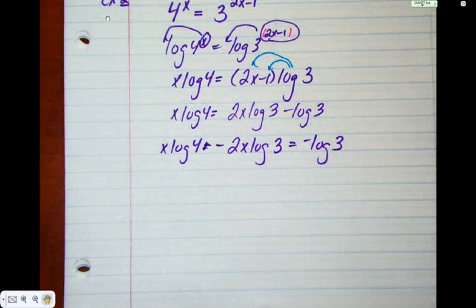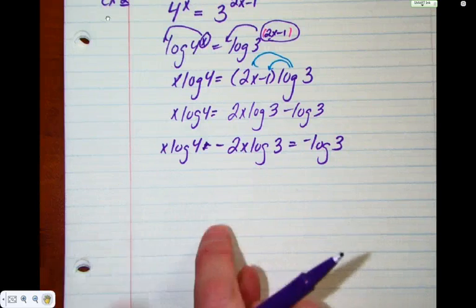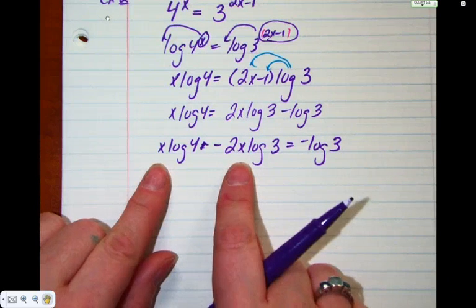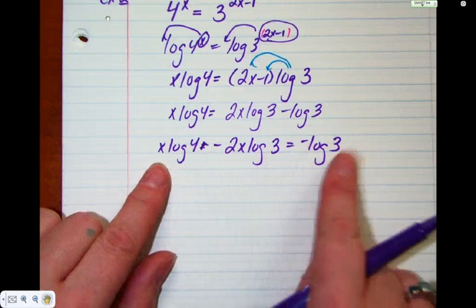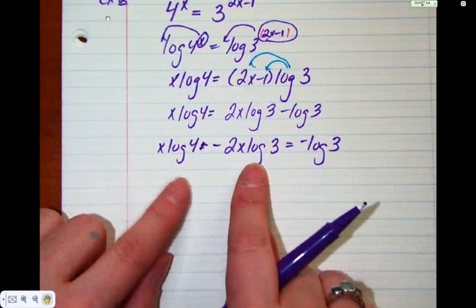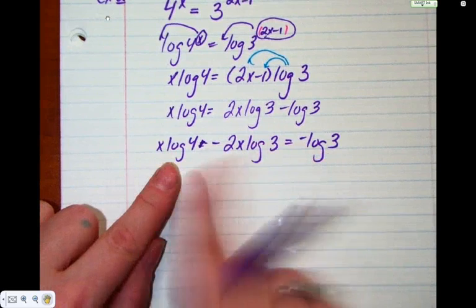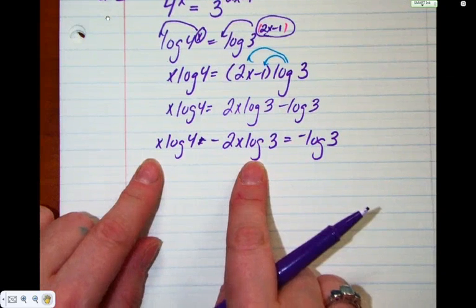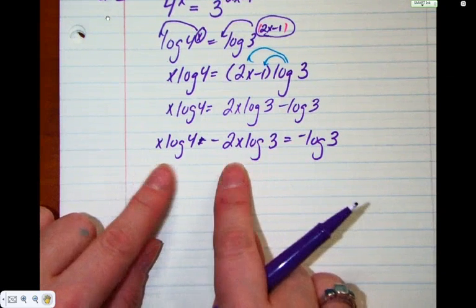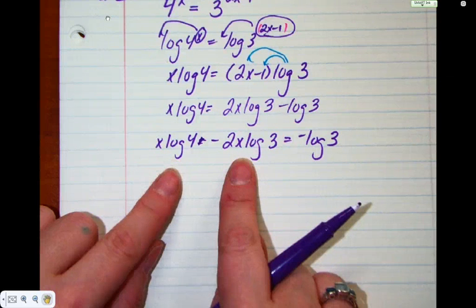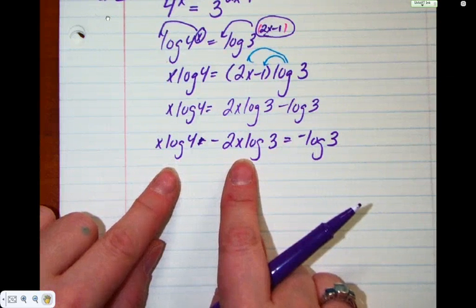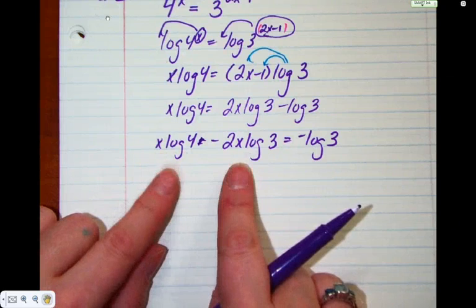Okay, next step is isolate the x. So I need to get that x by itself. What do I do? If I divide by log 4, that's not going to fix this one. If I divide by 2 log 3, that's not going to do anything there. How do I isolate the x? I only have a denominator of 1, so that's not going to help.